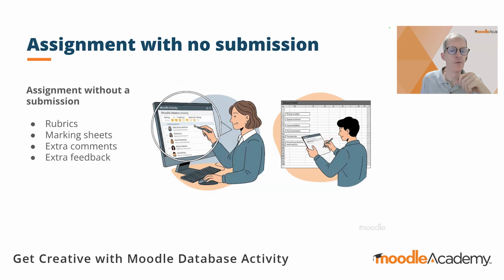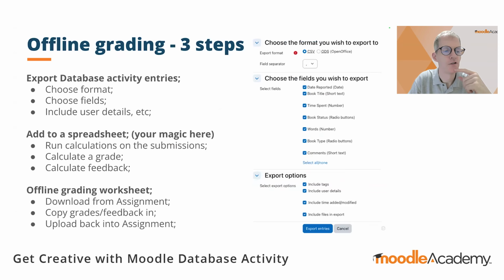Okay. And the third way, I call it the offline grading method. There's 3 steps. If spreadsheets are your thing, you can make use of the database activity entries by downloading them in a CSV file, processing them in a spreadsheet, and making use of the offline grading worksheet feature in the assignment with no submission.